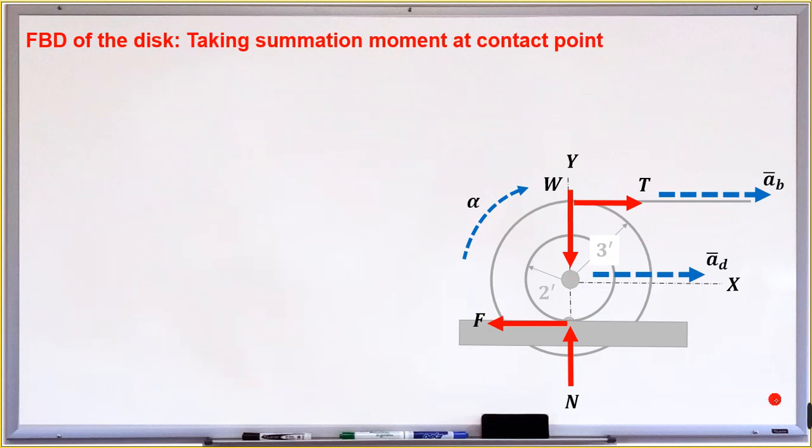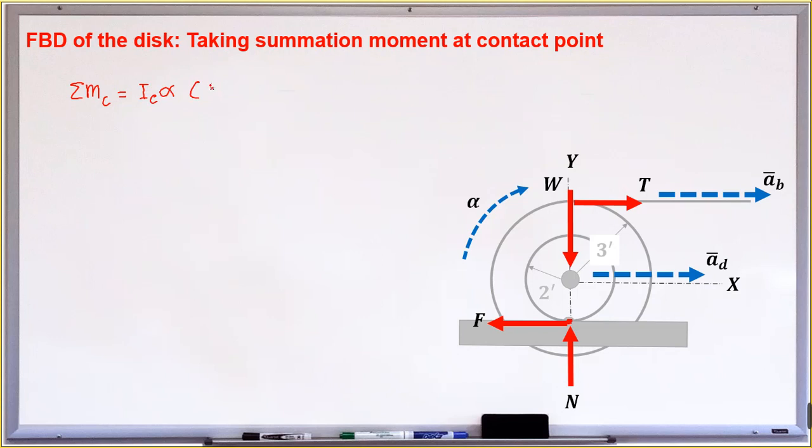So next, we're going to take summation of moment at the contact point. So why at the contact point? Because it is stated in the problem that this disk rolls without slipping. So therefore, summation of moment at the contact point is equal to the mass moment of inertia at the contact point times alpha.